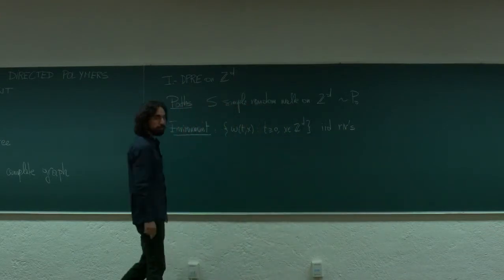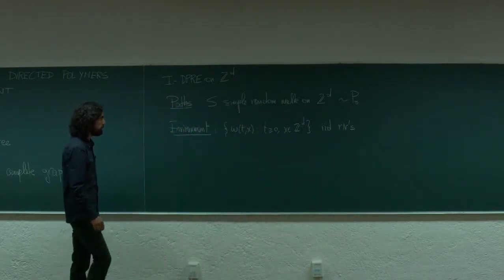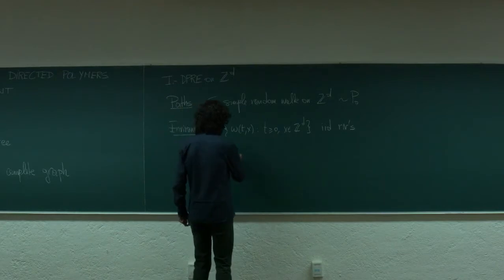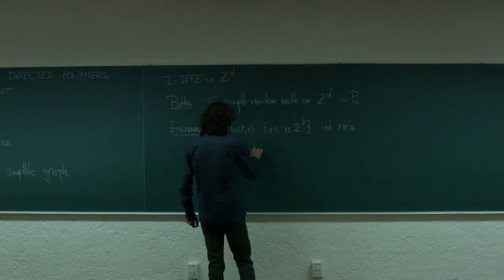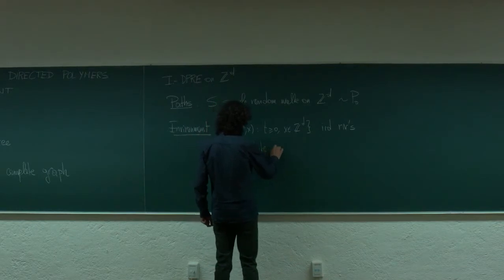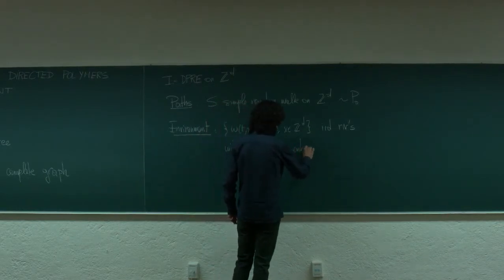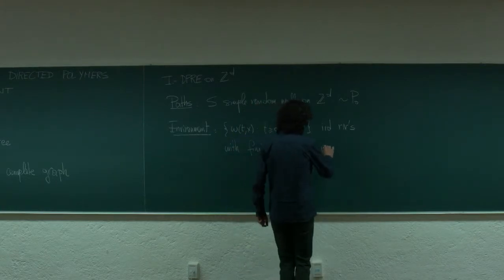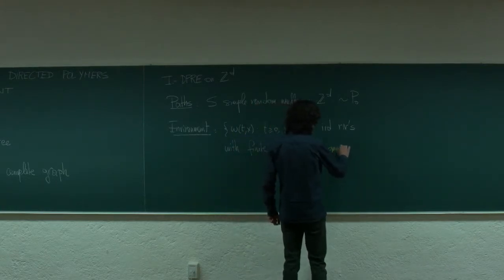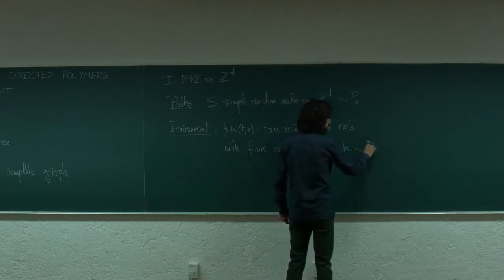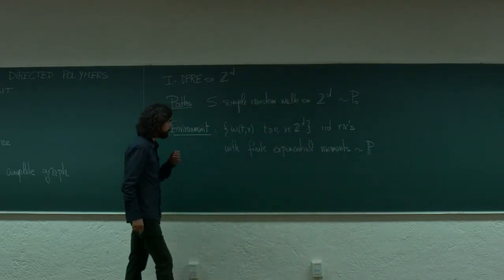And I will always assume that these random variables have finite exponential moments. And I will denote the law of this family by P double bar.